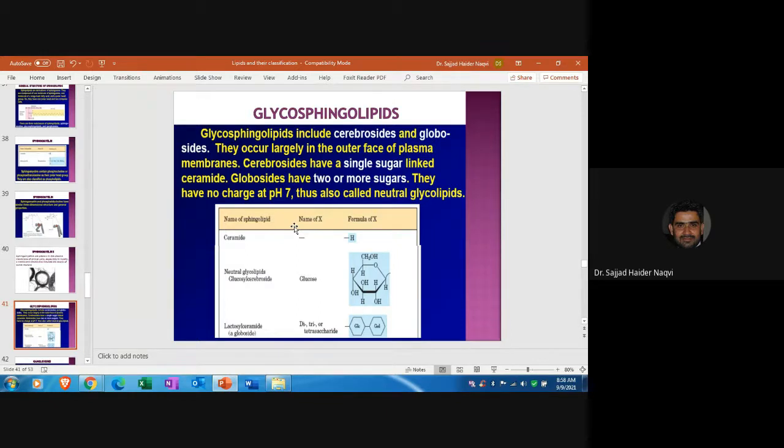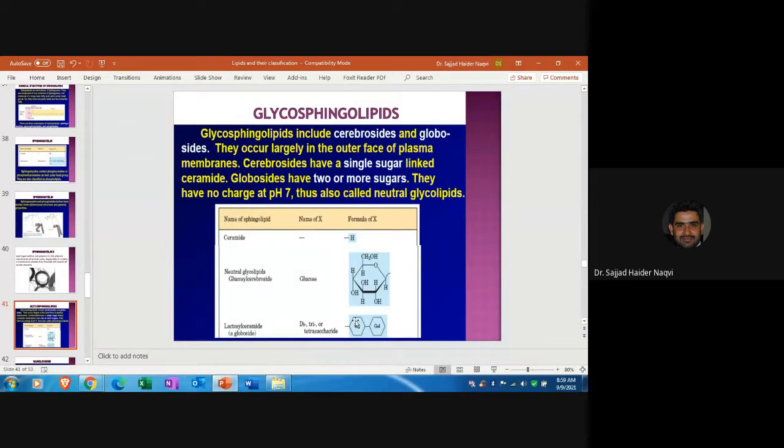Cerebroside, which is one example of glycosphingolipids, they have a single sugar linked with the ceramide molecule. So you can see here, this is the baseline ceramide molecule, which is backbone, and then you have a glucose molecule that is attached via glycosidic linkage to the ceramide, resulting in the formation of cerebroside. While the globoside has got two or more sugars.